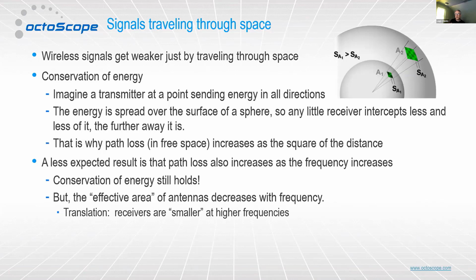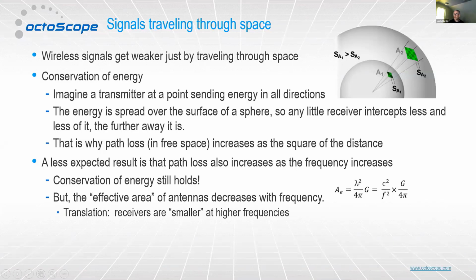But actually, if you think about what a real receiver will look like, it'll be made up of an antenna. And antennas actually decrease in size as the frequency goes up because the effective area of the antenna is related to the frequency. So it looks like this. This is the actual equation for the effective area of an antenna.